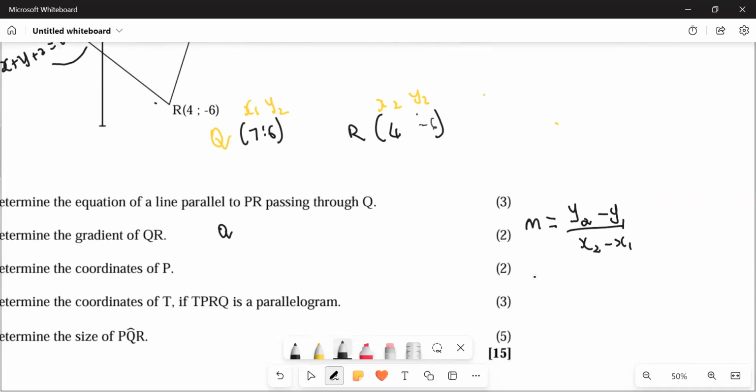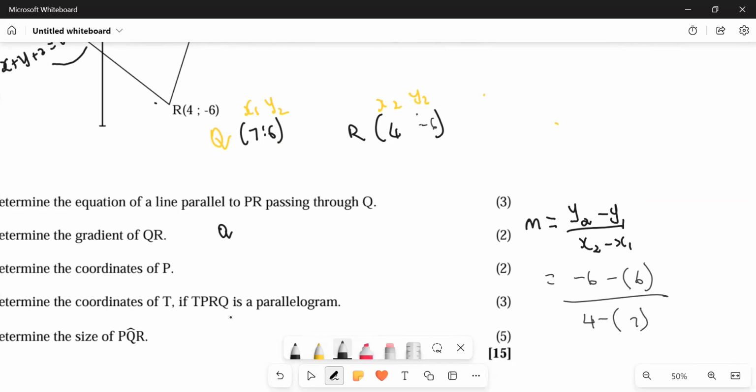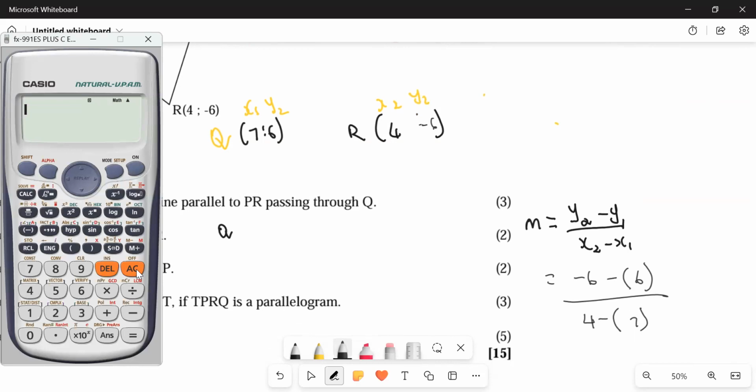Okay, let's go and substitute then. Y2, it's minus 6 minus 6, all over X2, 4 minus 7. Okay, check that. Minus 6 minus 6, all over 4 minus 7. And then you get what?